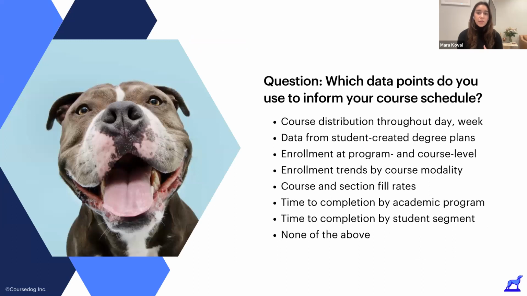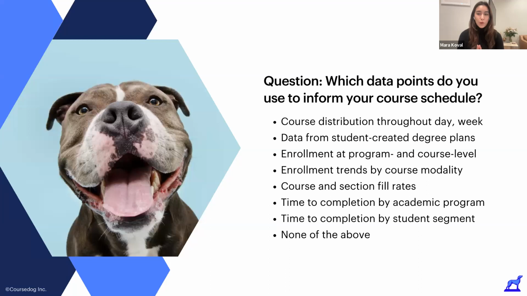Now that we've discussed some of the important data points institutions should use when creating their course schedule, I'd love to learn from you all what data you use to inform your course schedule. Please select all of the data points that your institution uses during the scheduling process. If we missed any key data points here, please feel free to drop them into the chat.